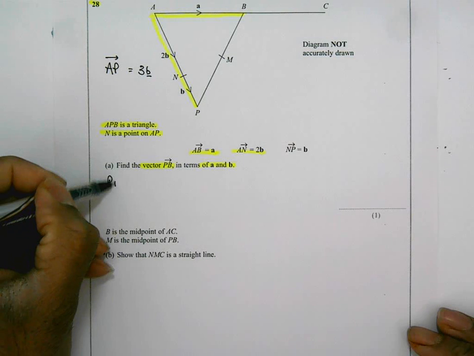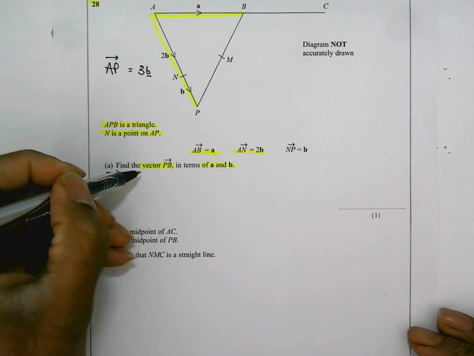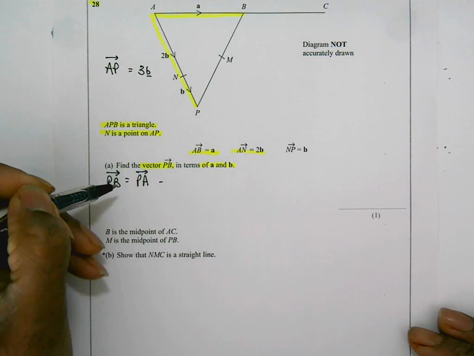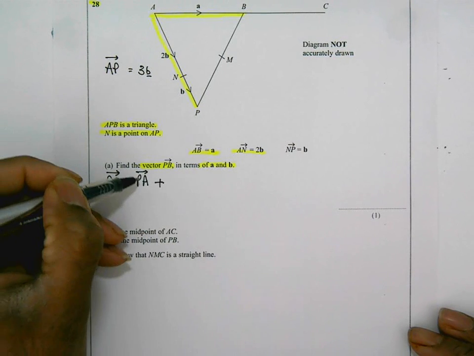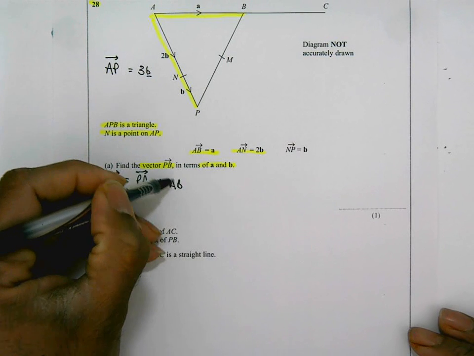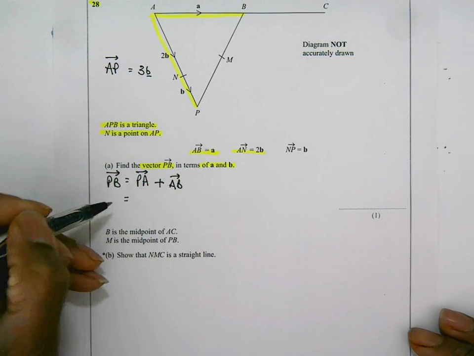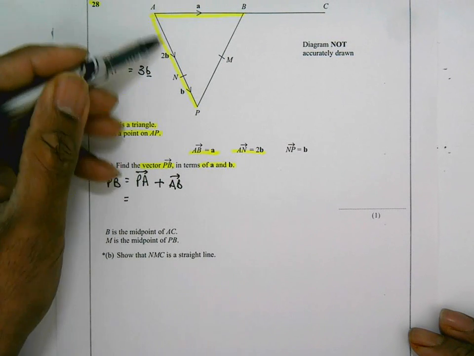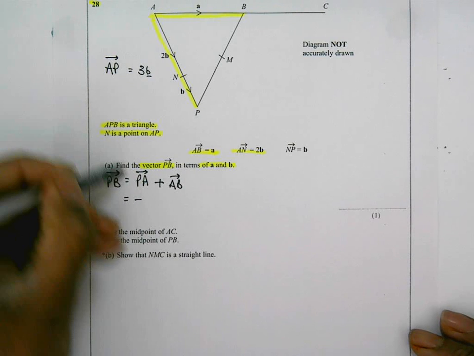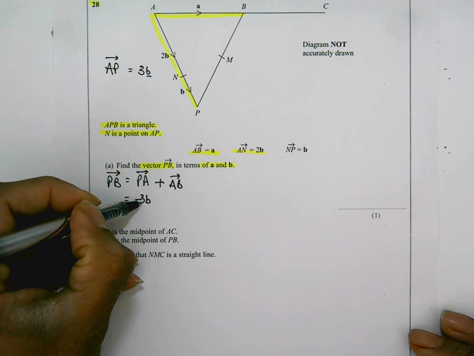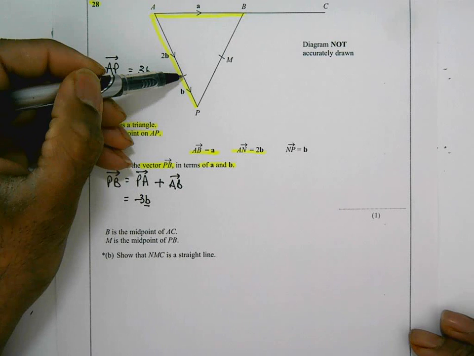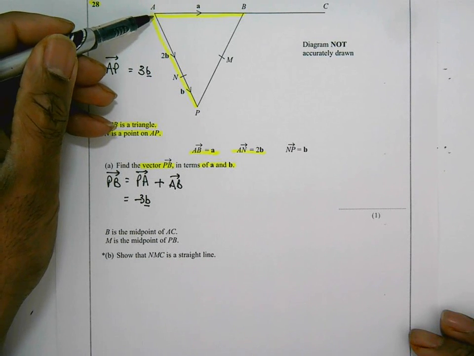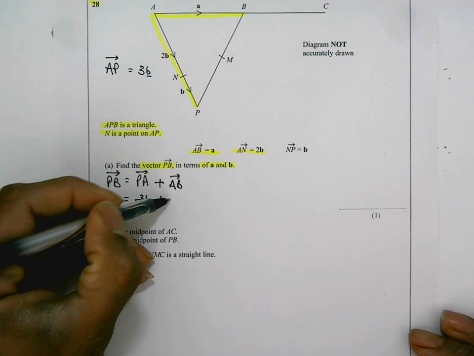PB is P to A, and then add on to that A to B. Now P to A, I'm going in the opposite direction to those arrows, so it's going to be minus 3B. So minus B minus 2B, that's minus 3B altogether, and then A to B, add A.